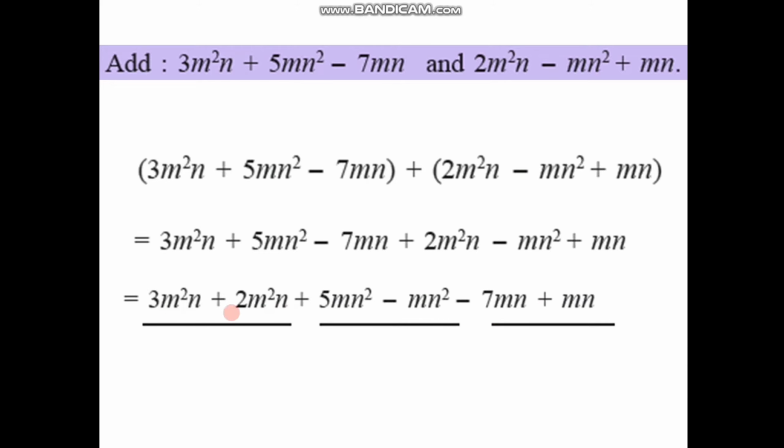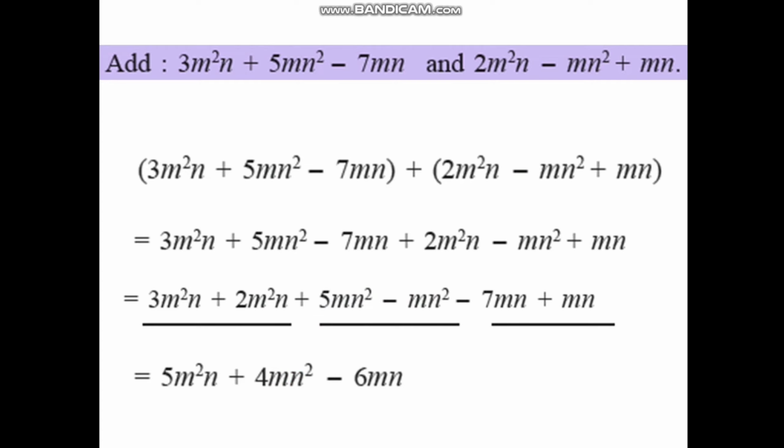Now as these are like terms, we can add their coefficients. That is 3m square n plus 2m square n, we will get 5m square n. Similarly, the second two terms are also like terms, so we can do the subtraction of their coefficients, that is 5mn square minus mn square, we will get 5 minus 1, that's 4mn square.